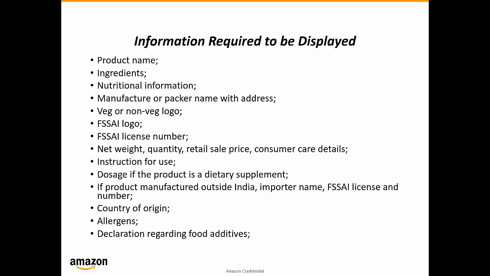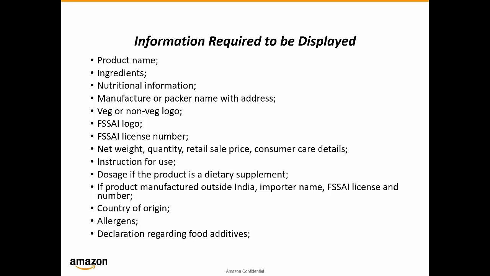Next is the information required to be displayed for food products. What information is mandatory on the label? First of all, the product name, ingredients, nutritional information, manufacturer or packer name with address, veg and non-veg logo, FSSAI logo, FSSAI license number, net weight, quantity, retail sale price, and customer care details.